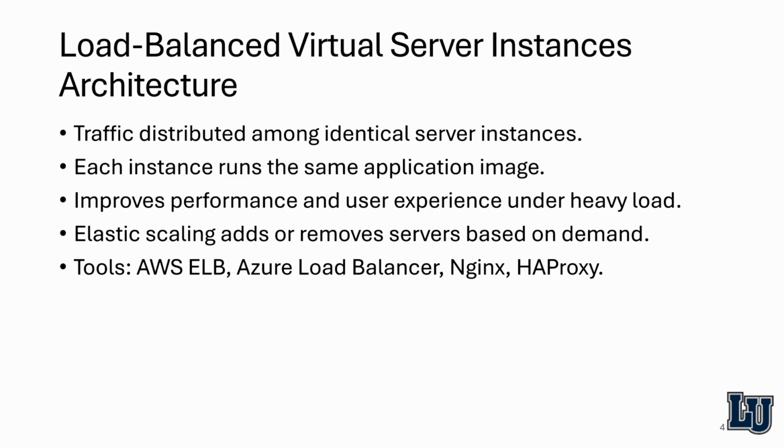That's auto scaling. When the spike ends, it shrinks back. Because each instance is stateless, meaning it doesn't depend on local files or memory, we can safely remove or add them anytime. Typical tools are AWS Elastic Load Balancer, Azure Load Balancer, or open source Nginx and HAProxy.